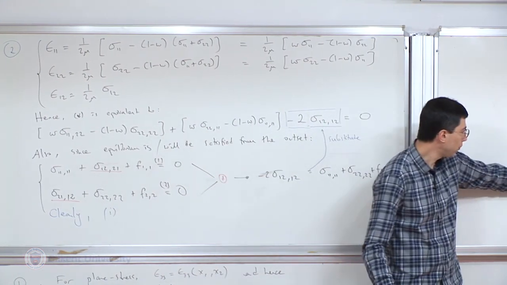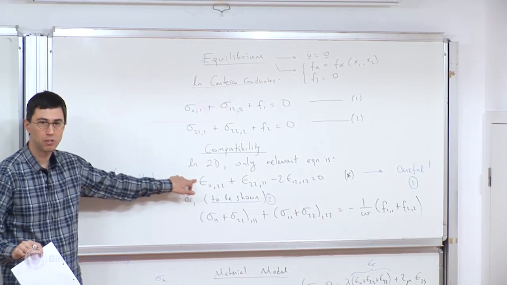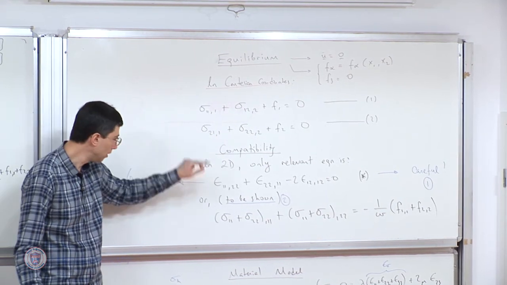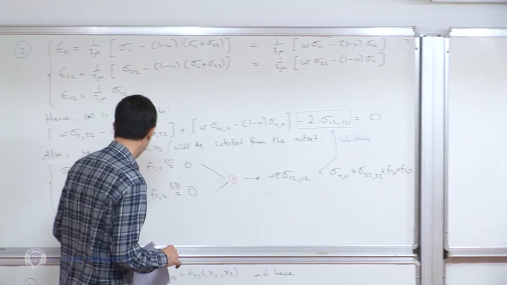So although this compatibility requirement is irrespective of what type of a material model we're looking at or whether or not equilibrium is satisfied, this one is a more restrictive form, but that's the one that we are going to use.